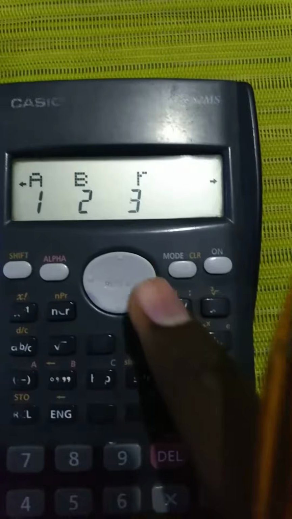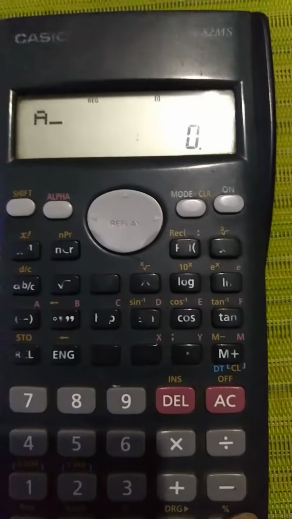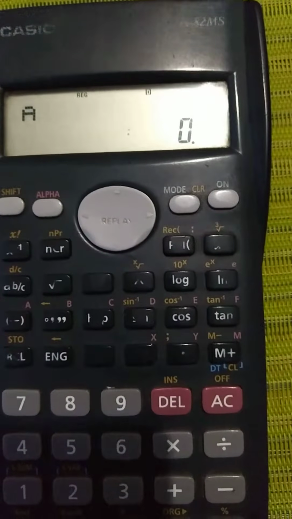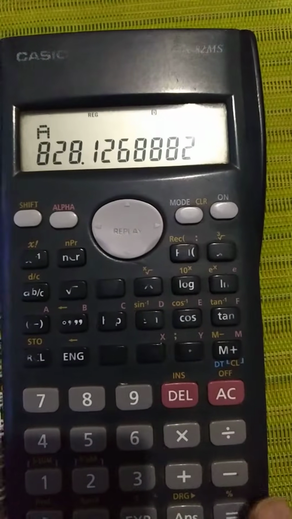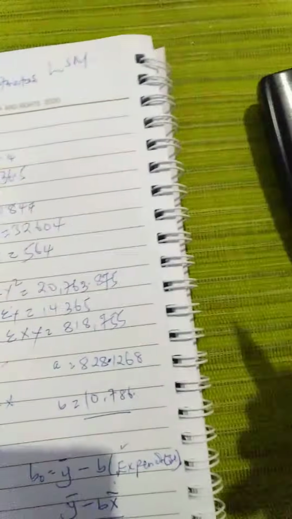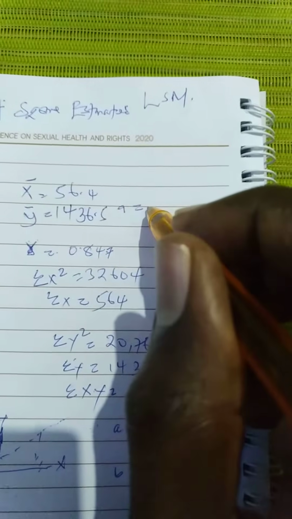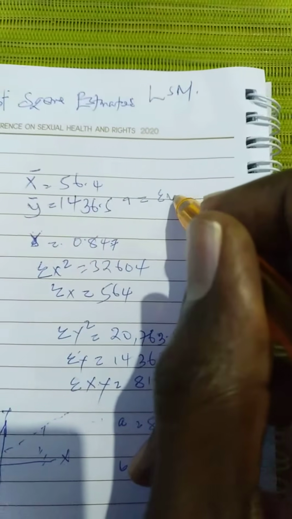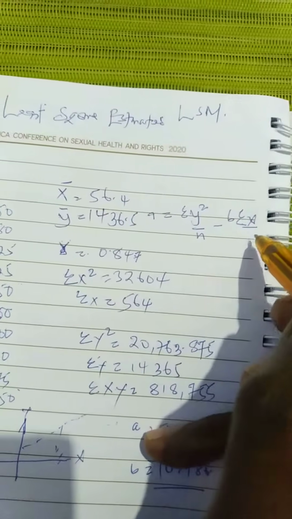When you come here, if I want to know the intercept, which is the a, without applying the normal formula, I simply come here and a is equal to 828. If you want to apply the formula for this, you always use a is equal to the summation of y over n minus b into the summation of x over n.